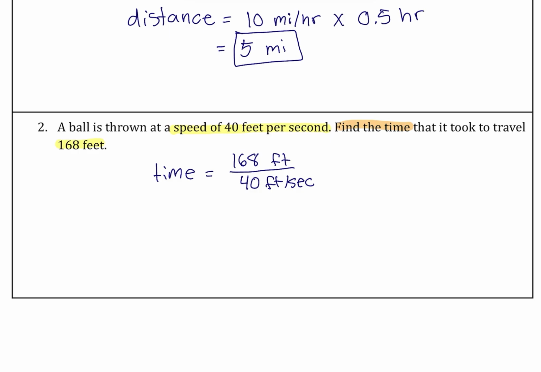We'll do some scratch work off to the side here. 168 divided by 40. The first thing I want to do is simplify that fraction a little bit. Those numbers are both divisible by 4.